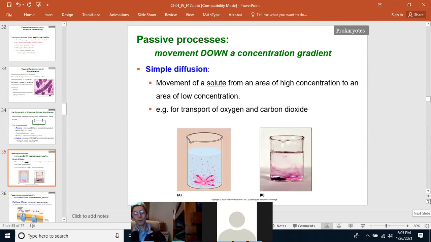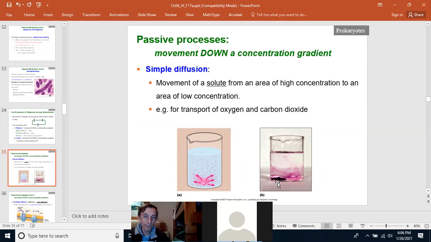So let's talk a little bit more about the passive processes, specifically simple diffusion, the movement of a solute from an area of high concentration to an area of low concentration. For example, if I had a beaker of water and I added a drop of dye, eventually all of the molecules of dye would move and disperse in the water because the dye is soluble in the water. And that movement of the dye from regions of high concentration to regions of low concentration happened by simple diffusion.